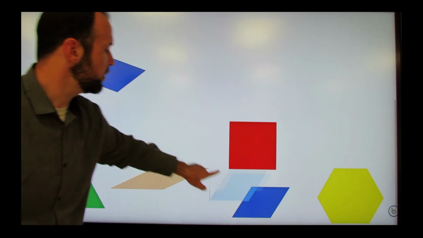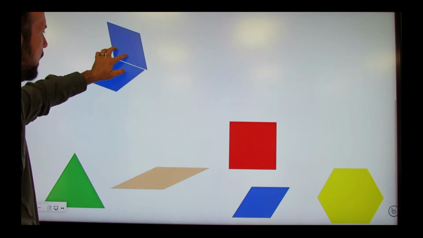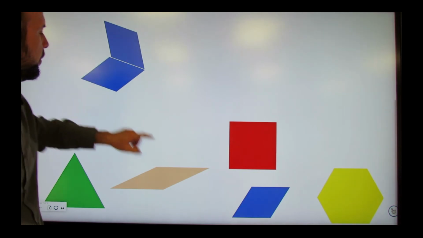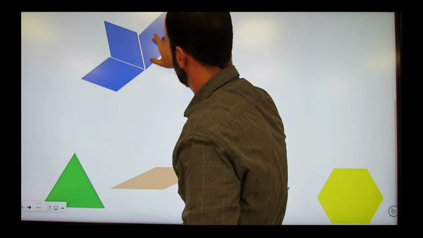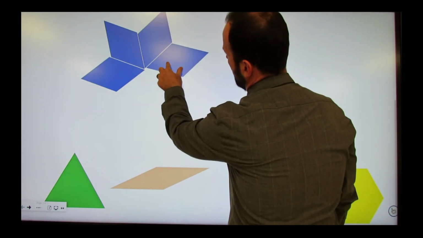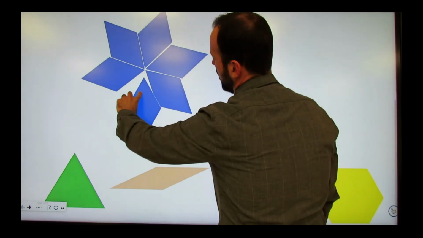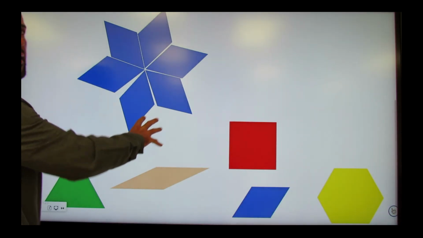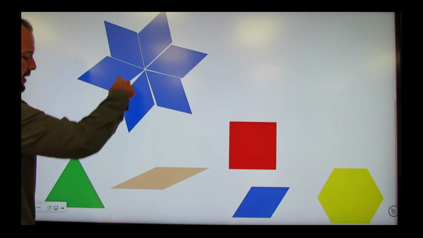So if I first take these and I line up all my acute angles together, there's that, another one over here. Okay, so I lined up all of these with my acute angles in here, and I was able to get 6 going around.